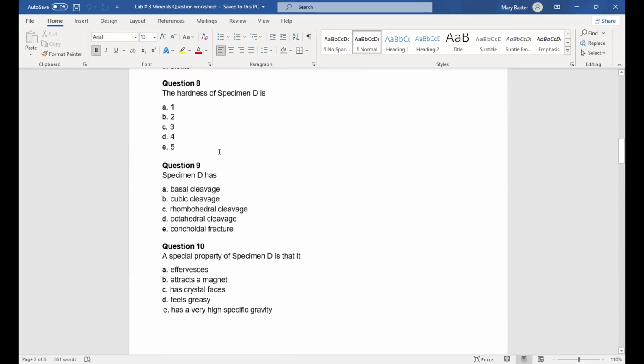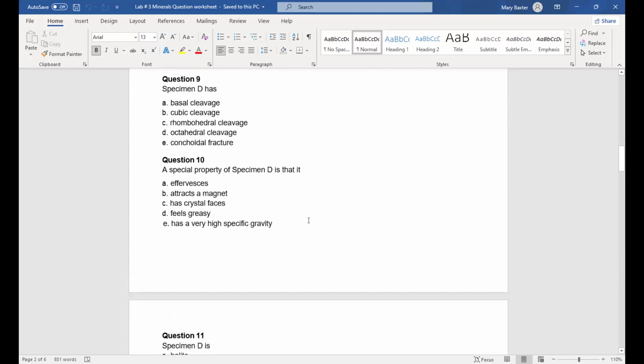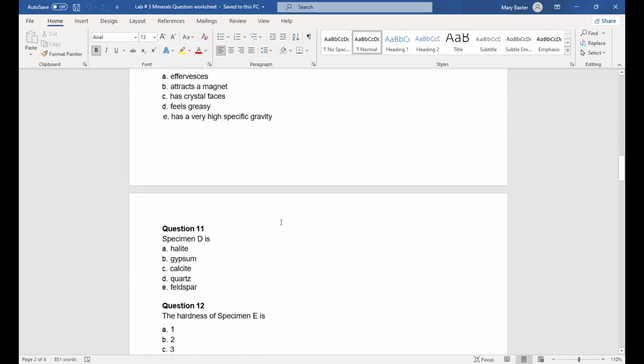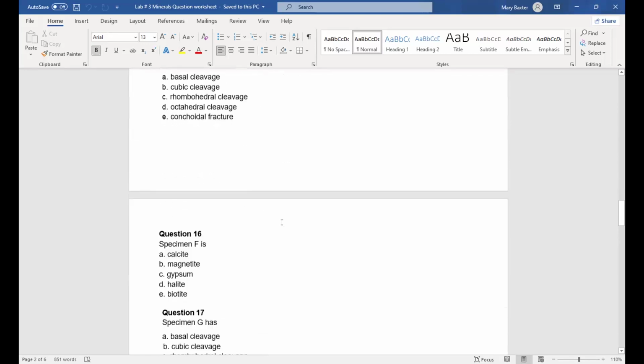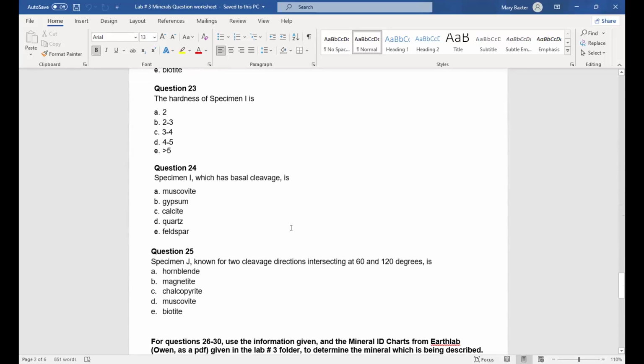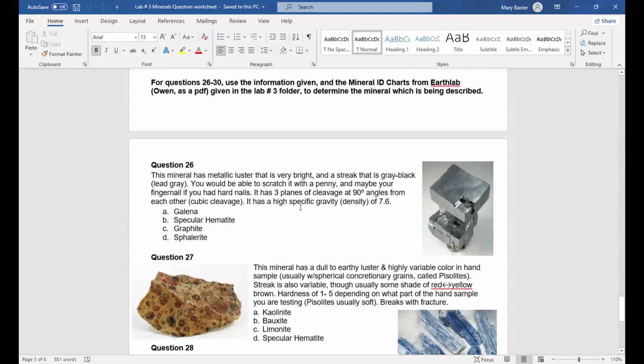Question 8 for specimen D. The hardness of specimen D is what? Specimen D has what kind of cleavage? A special property of specimen D is that it, okay, and so on. And then, like I said, I'm not going to do a separate video, I'm just going to go with this one.